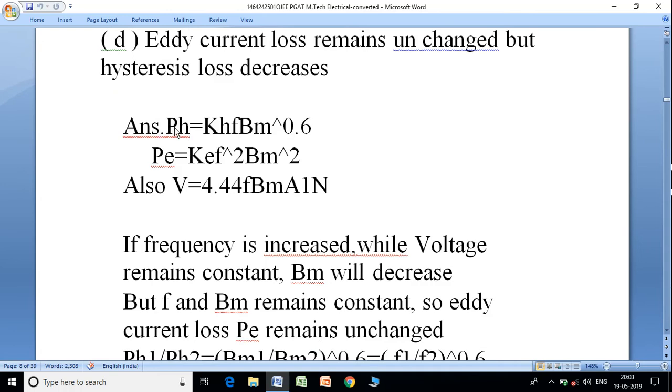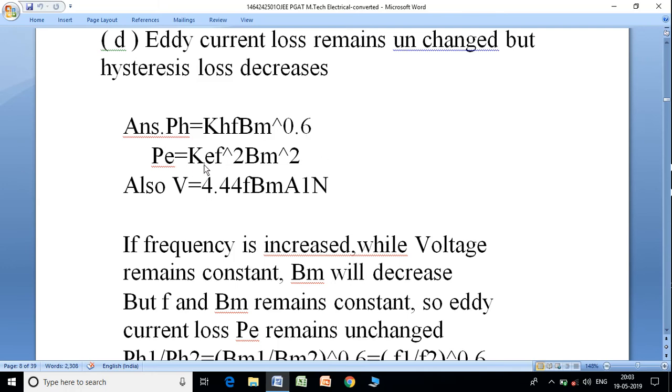So already we know that the hysteresis loss is equal to hysteresis constant into frequency into maximum flux density to the power 1.6.